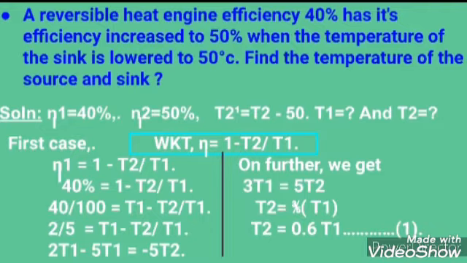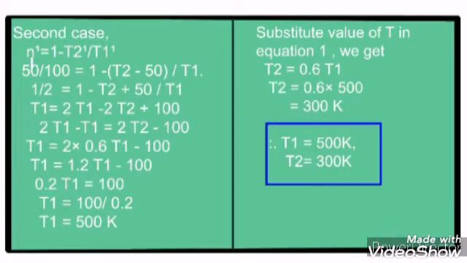Similarly, we find the temperature in the second case. Eta dash is equal to 1 minus T2 dash by T1 dash. By substituting the values of eta dash, T2 dash and T1 dash, that is eta dash is equal to 50%, T2 dash is equal to T2 minus 50, T1 dash is equal to T1. By calculating, we get 2T1 minus T1 is equal to 2T2 minus 100.